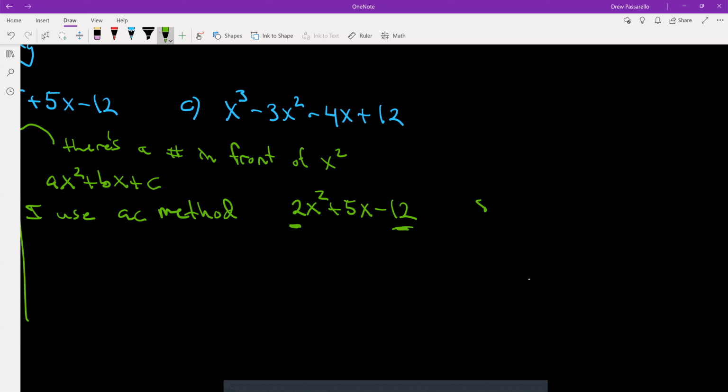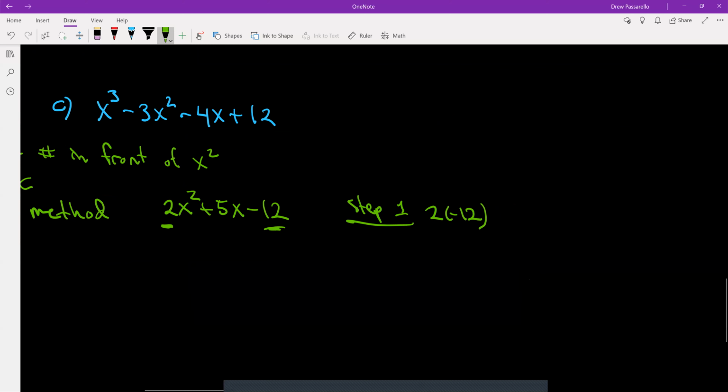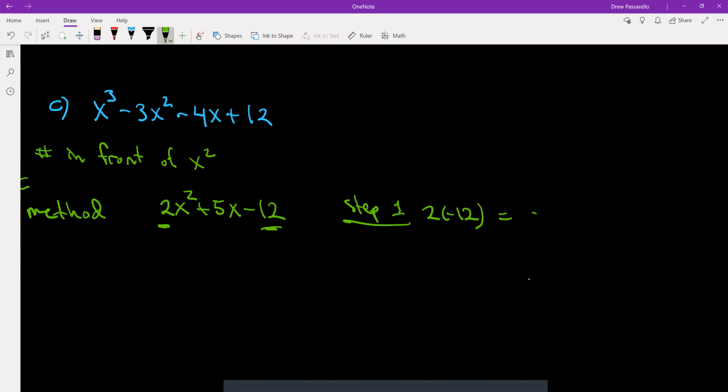So step 1 is multiply 2 times negative 12. So it's going to be negative 24.